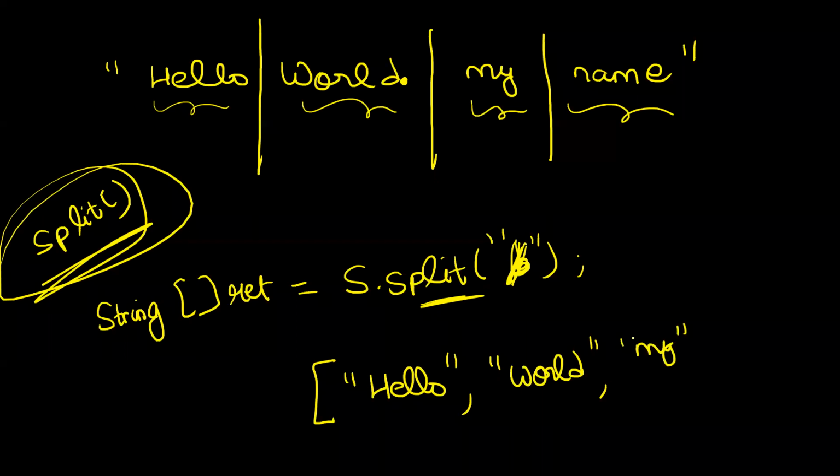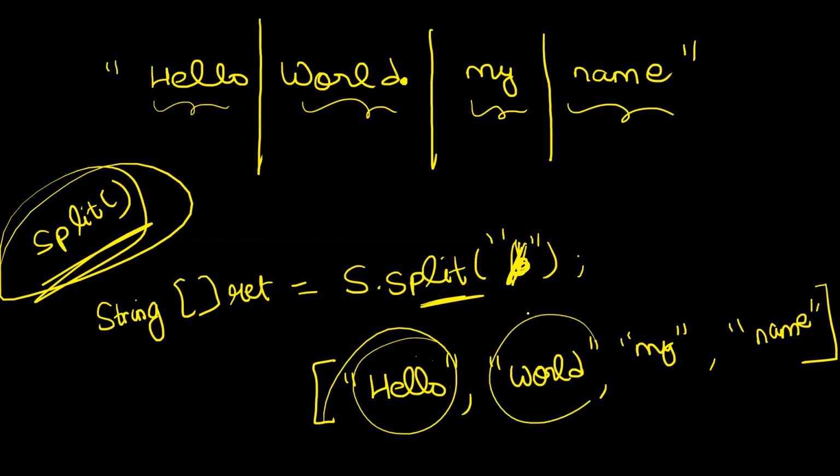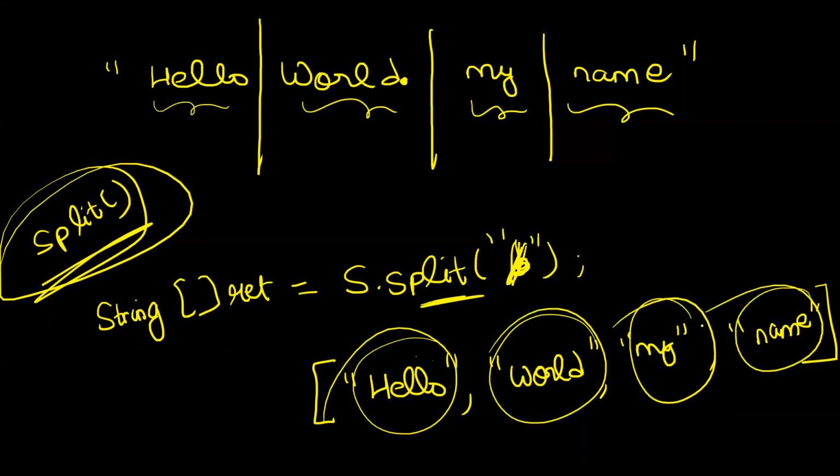The third entry will have my, and the fourth entry will be name. So you will get this array of strings, and all the strings are separated at space. Now if you print the contents of this array, at index 0, you have this hello. At index 1, you have this string world. At index 2, you have my. At index 3, you have name. Okay. Is the idea of this split making sense?